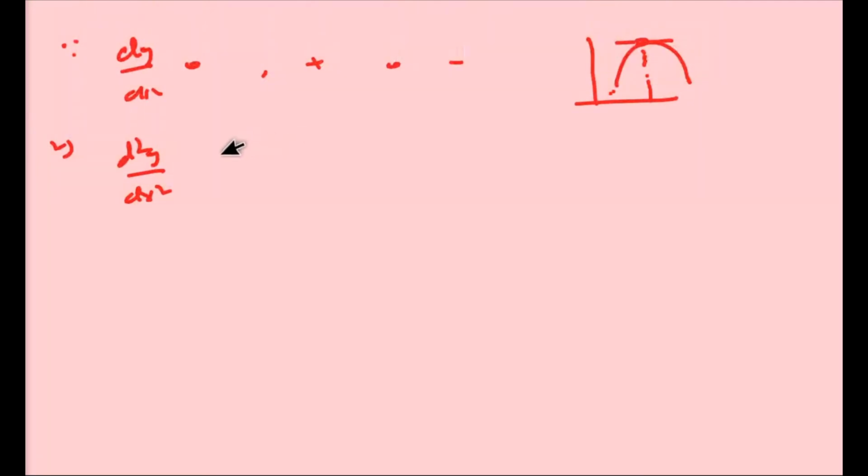So we can say positive to negative, it is a loss, so we can say d2y by dx square less than 0 for maximum, okay.